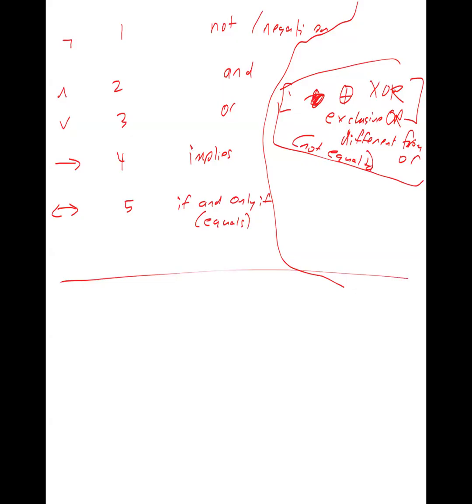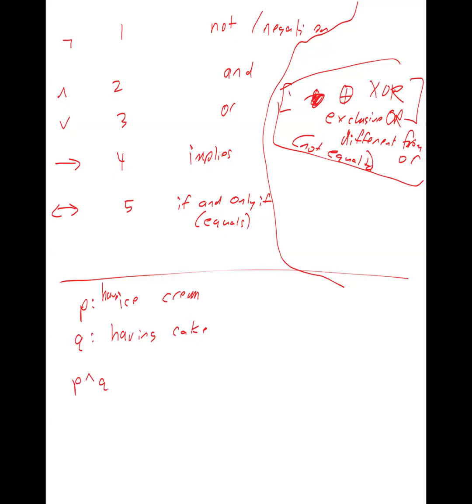Okay, so let's go ahead and do this. Let's do the and one. So if I say P is you can have ice cream, I'll say have ice cream. Okay, so P is having ice cream, Q is having cake. Then what does it mean if I say that when I went to the lunch, P and Q is what I got?